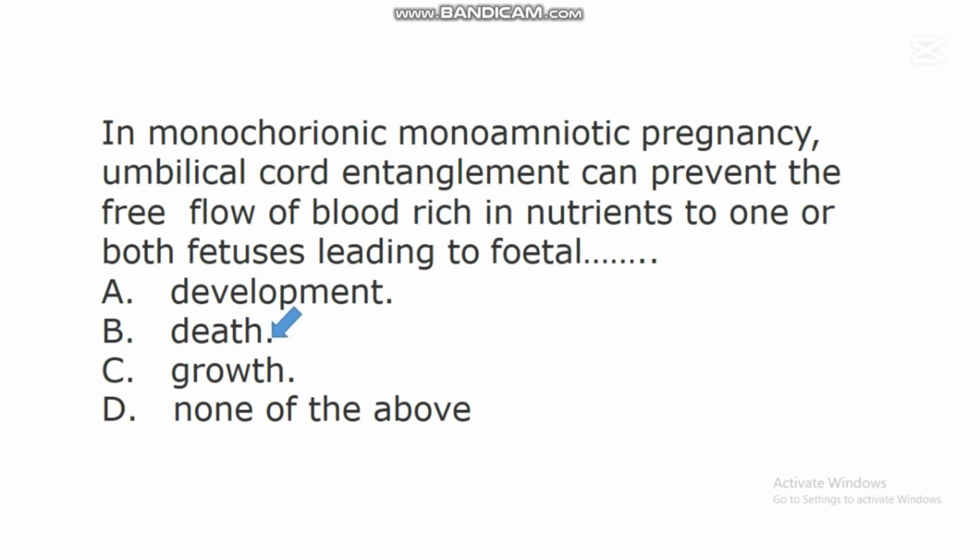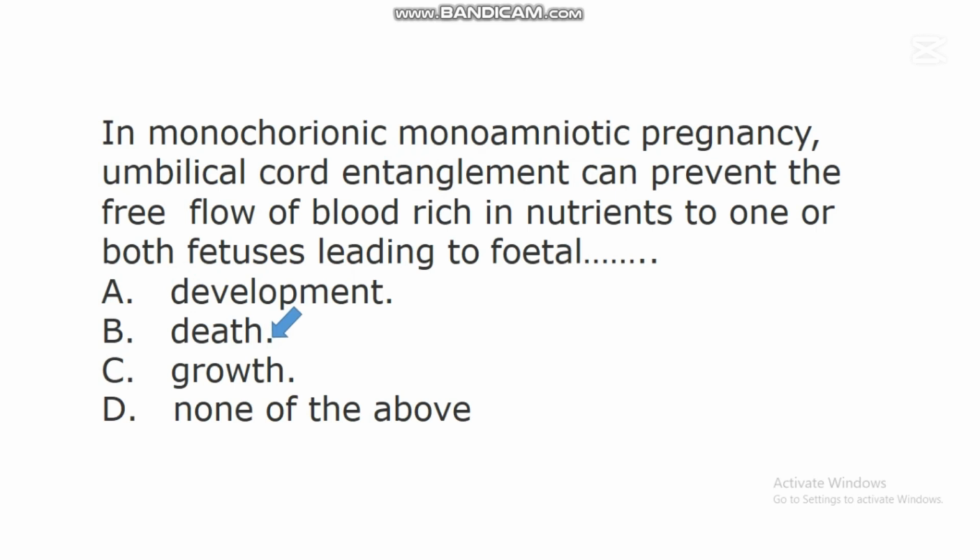In this question, the correct answer is B. Death. So, one of the things that monochorionic monoamniotic twins encounter is these umbilical cord entanglements, and these umbilical cord entanglements can prevent the free flow of blood containing different nutrients that those twins need.